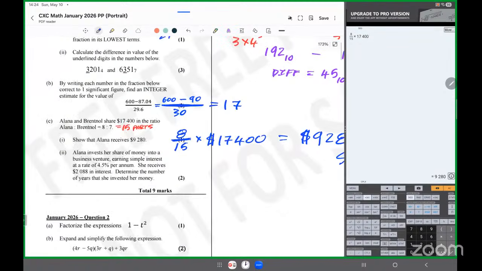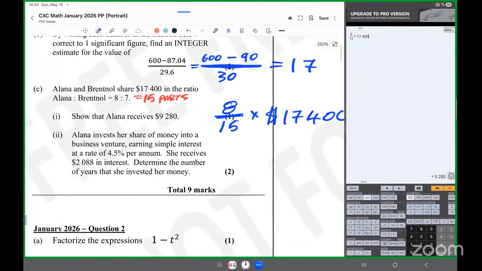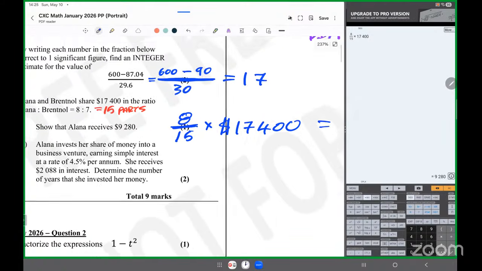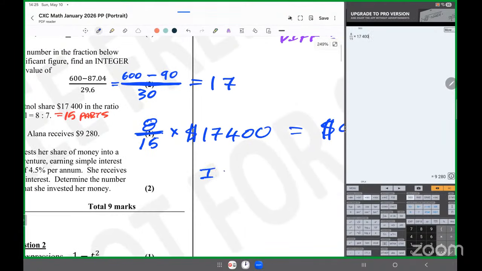Next part now says, Alana invests her share of money into a business venture earning simple interest at a rate of 4.5% per annum. She received $2,088 in interest. Determine the number of years she invested the money. So we're going to be using the formula I equals PRT divided by 100.